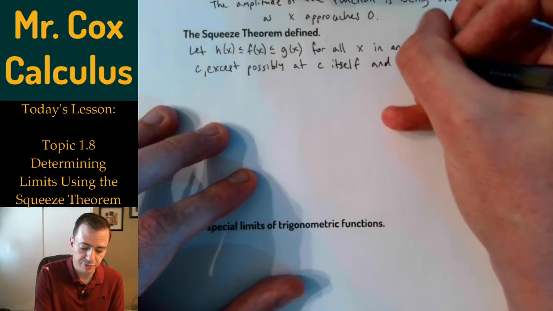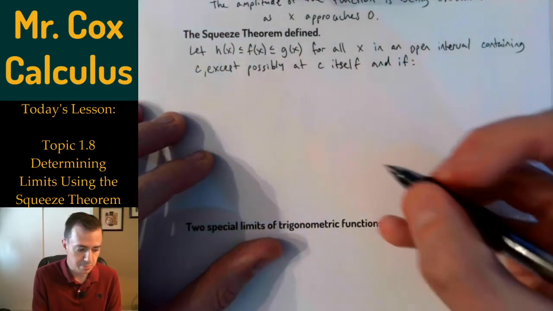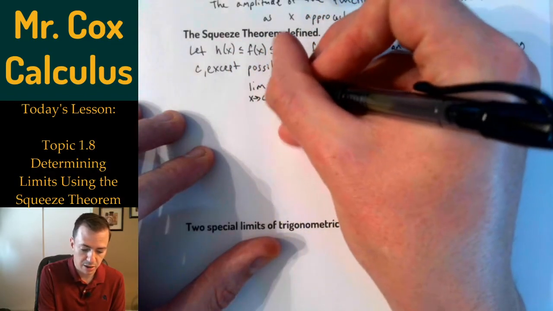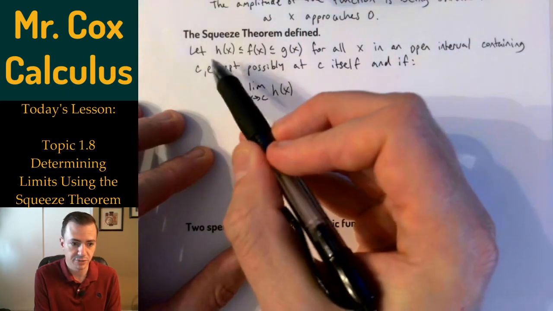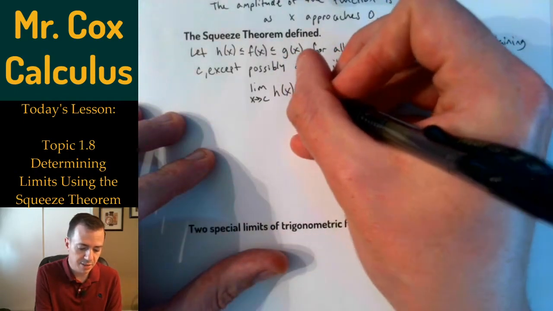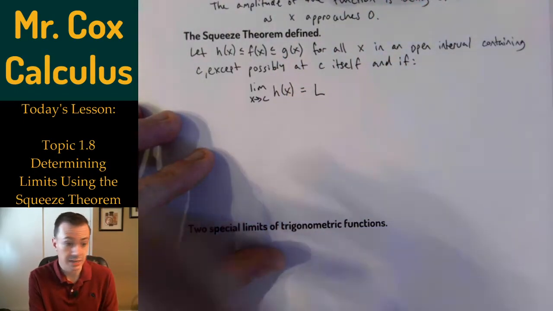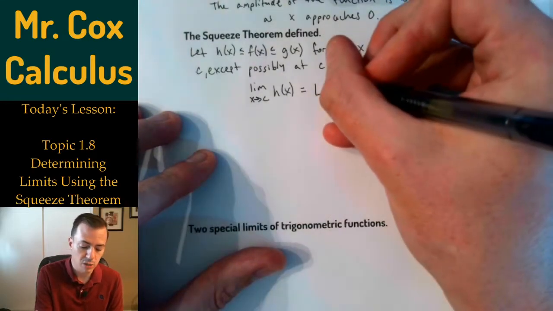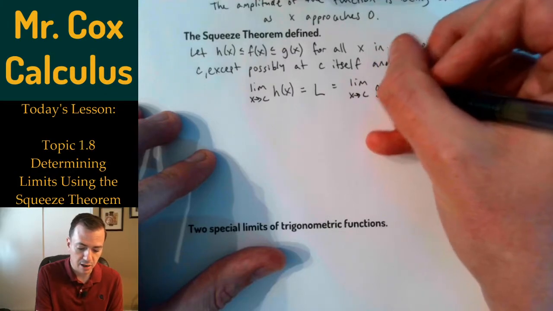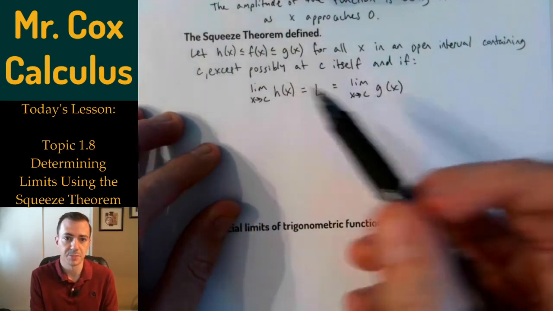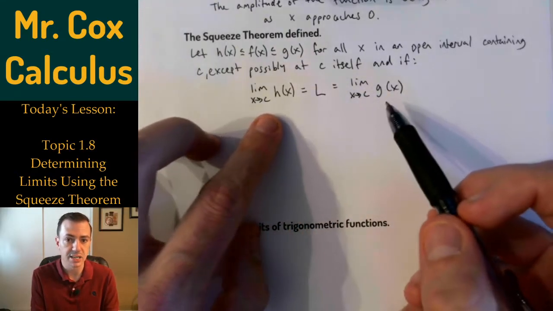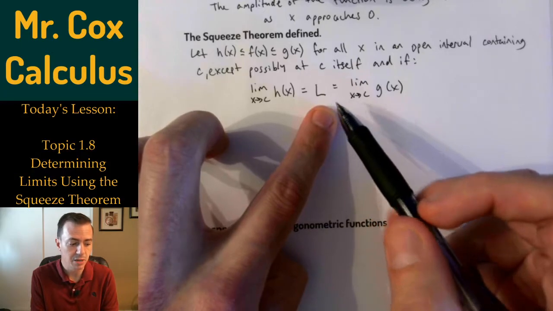And let's say the following condition is met: the limit as x approaches c of h of x, a lower bound if you will for f of x, equals L. It exists and it equals some finite value. And that also happens to equal the limit as x approaches c of the function g of x. In other words, h of x and g of x, as I get close to c, are headed to the same place.